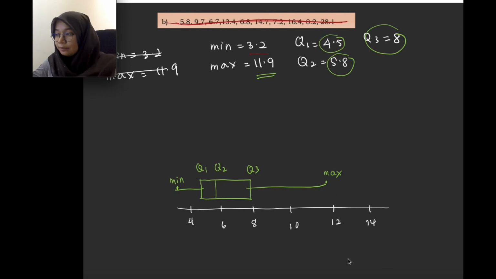So this is what your box plot will look like. Based on this box plot, what is the shape of this data? Look at the Q2 here. This Q2 is towards the left. Because it is towards the left, the answer is right skewed.